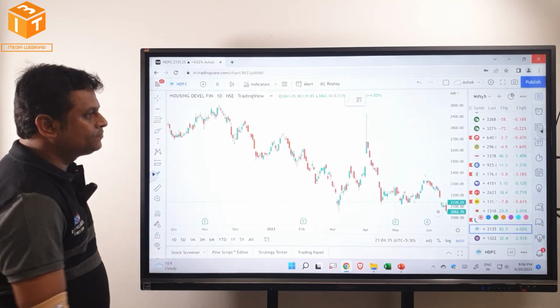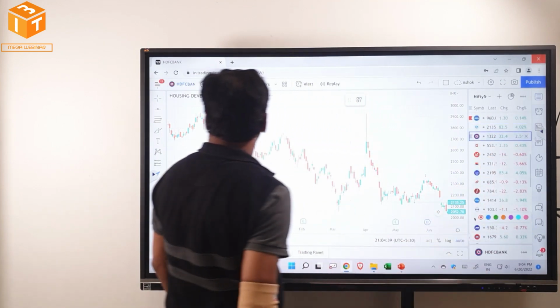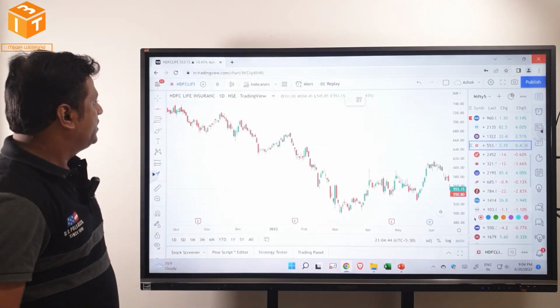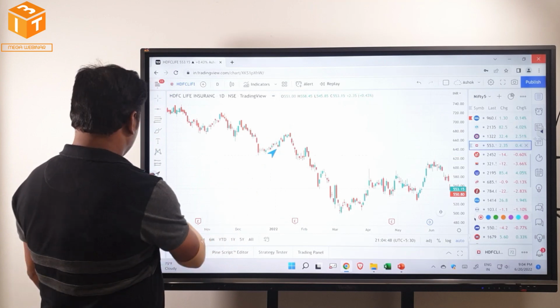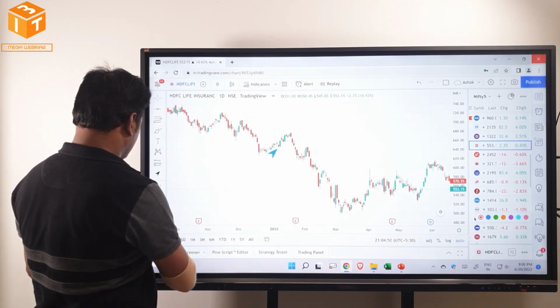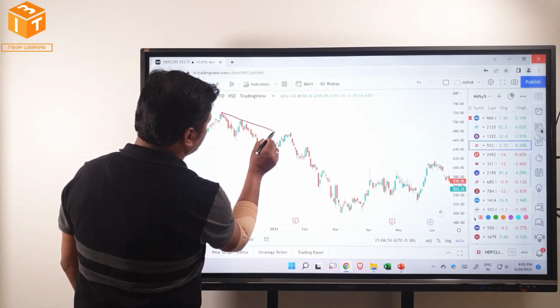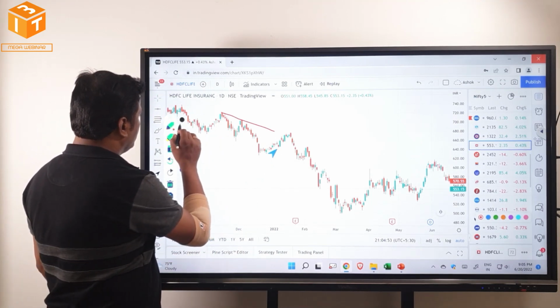Great. Now let's pick up some more examples for you. HDFC Life Insurance. Can I draw a trend line like this, friends? Fair? Why?